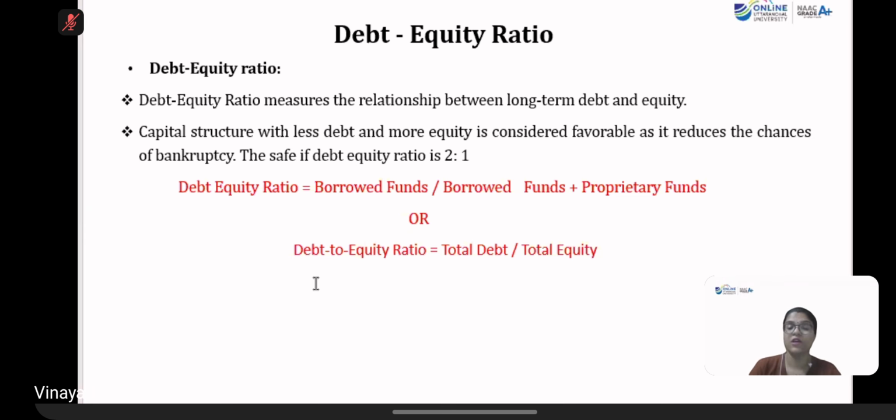The formula that we use here is borrowed funds divided by borrowed funds plus proprietary funds, or you can also use total debt divided by total equity, depending upon the sums.